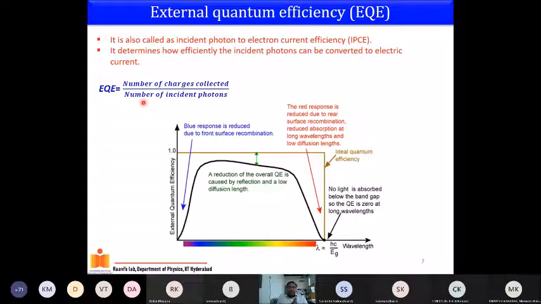You collect your external quantum efficiency by doing an experiment where you have your solar cell device, you let it be exposed to individual wavelengths of the entire white light spectrum, and you collect how much photocurrent is coming out of each individual wavelength.